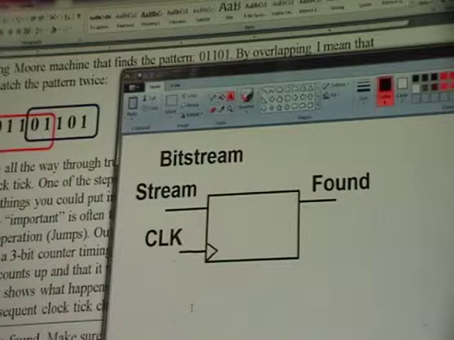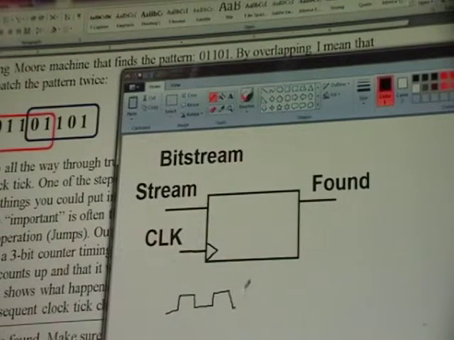Okay, step three, timing diagram. So we want to show somebody how this works. It's going to be kind of a pain to write this whole thing out. Let's see if I can cheat a little bit here.